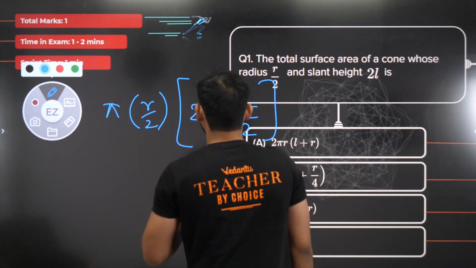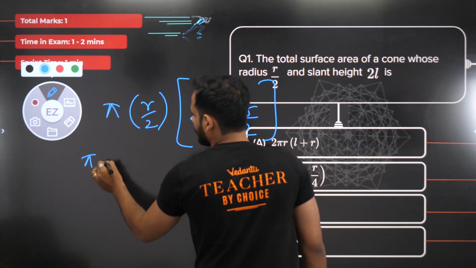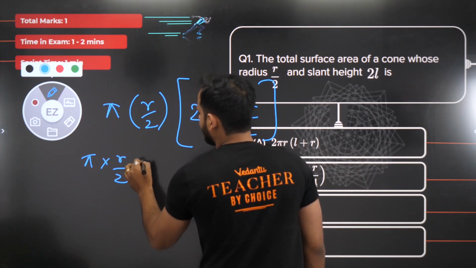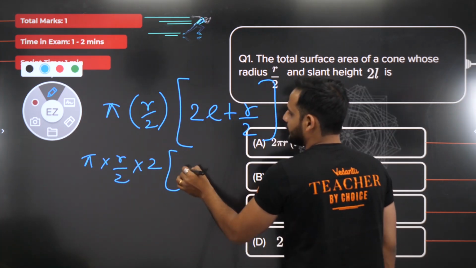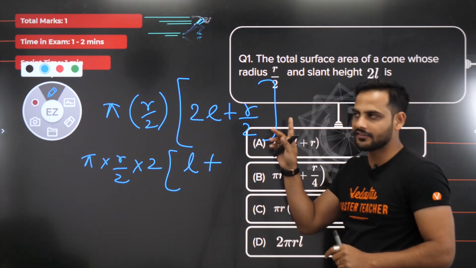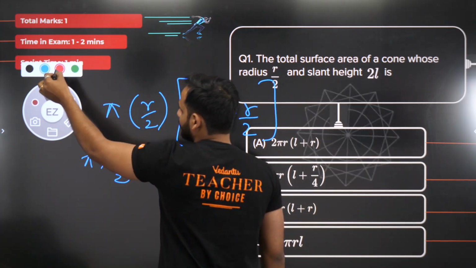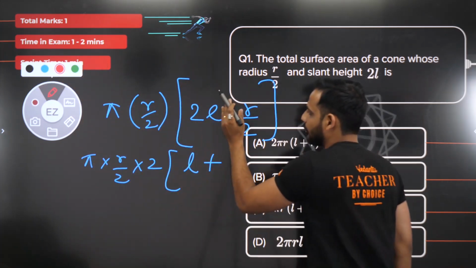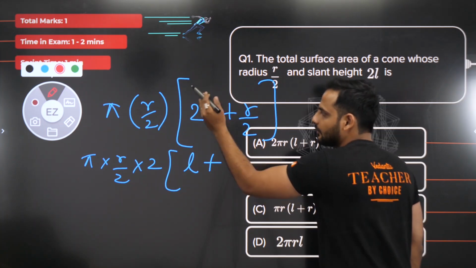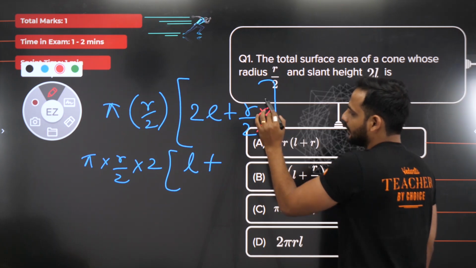Now let's do one thing. I can take 2 common from this bracket, so pi into r by 2, and if I take 2 common here, it will be left with l. But the 2 is in the denominator, not in the numerator, so I want to take the common 2 which was in the numerator.